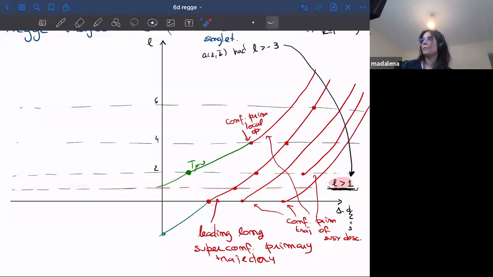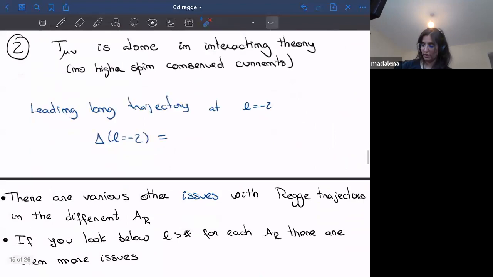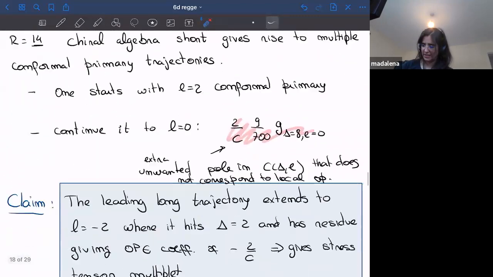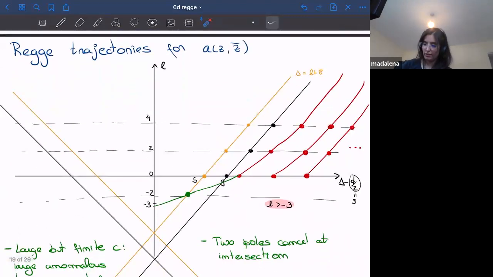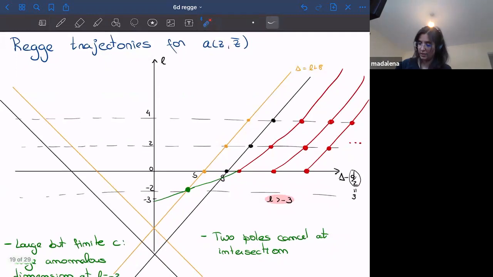And here, for the actual superprimary, I was looking below L equals 1. But if you now allow me to go back to the plot, sorry, if I now go back to these Regge trajectories for tiny a that I was drawing, this super function that knows everything, what this expectation would tell you is that this long trajectory should actually be continued such that at spin -2, it hits this point. And it's no accident that I drew it on top of the short trajectory.